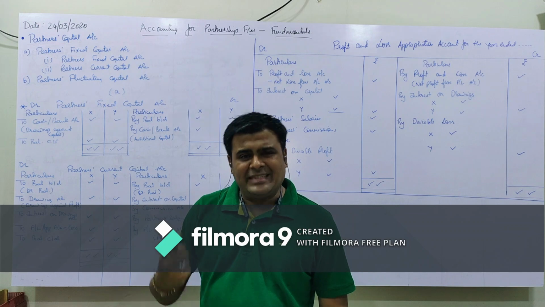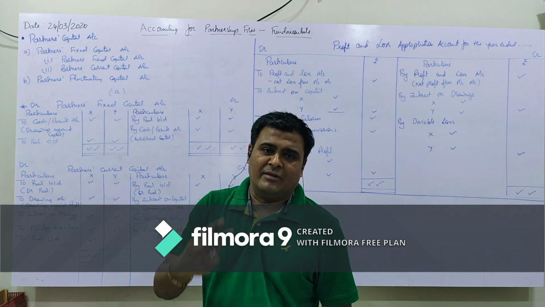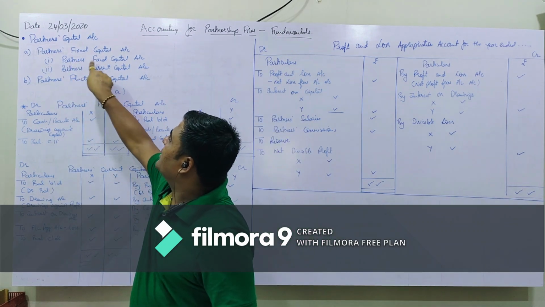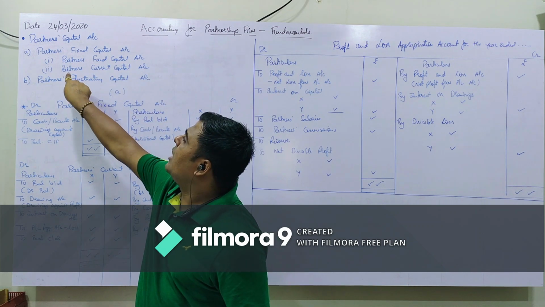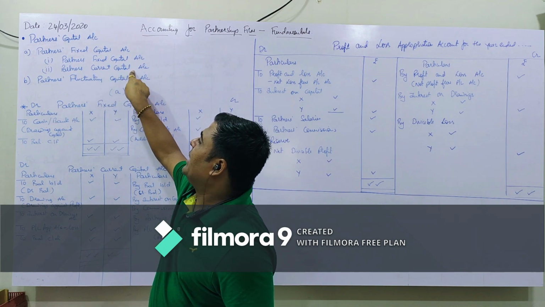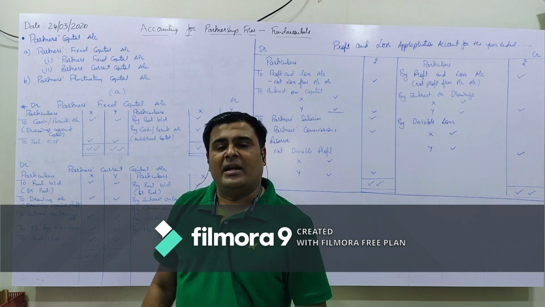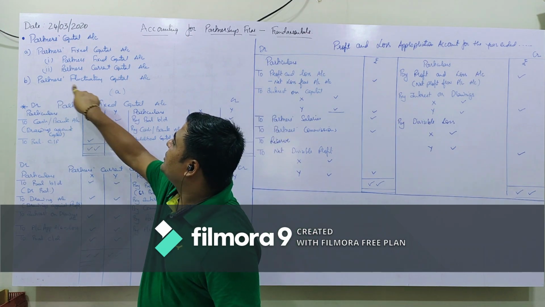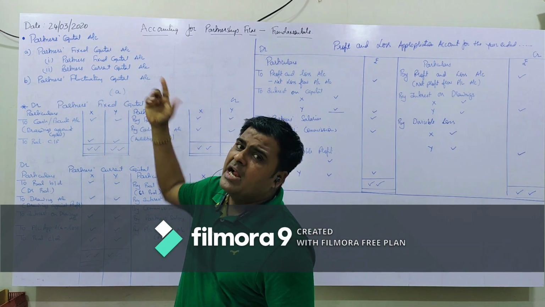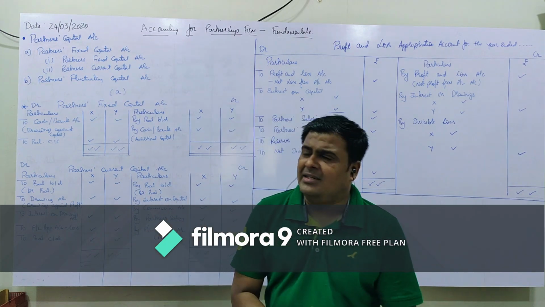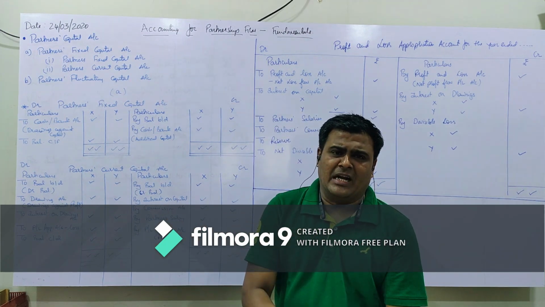Under the partners fixed capital account, there are two capital accounts to be prepared. First is partners fixed capital account, and the another one is partners current account. And the second method of partners capital account is partners fluctuating capital account. Okay, now let us learn the first method, that is partners fixed capital account method.